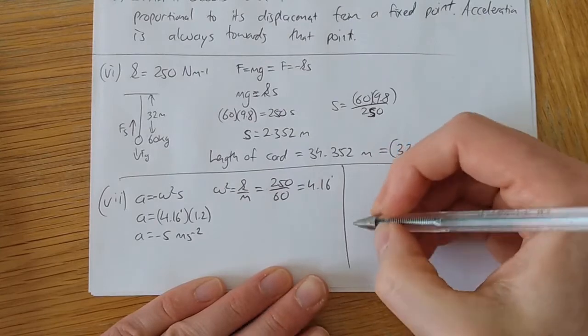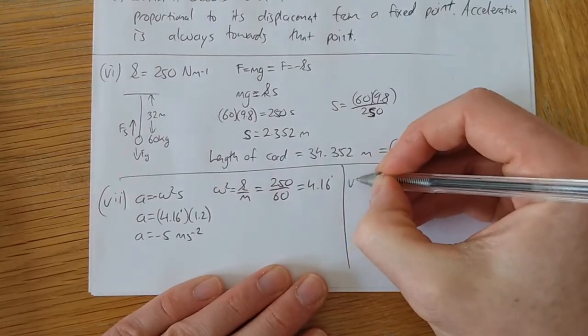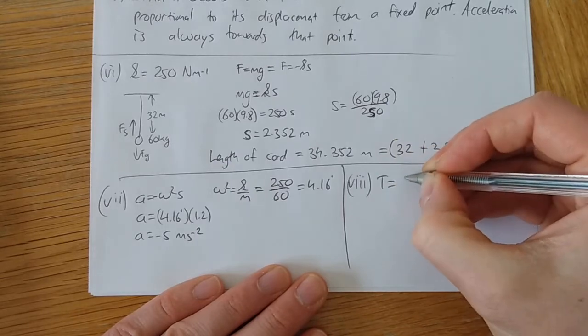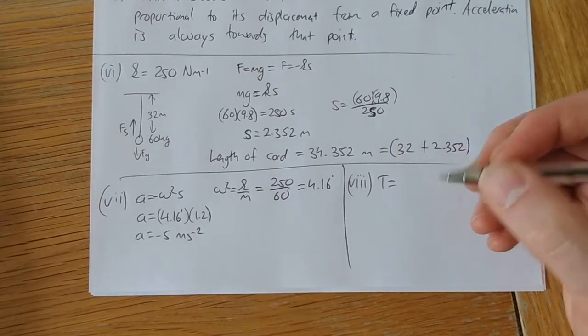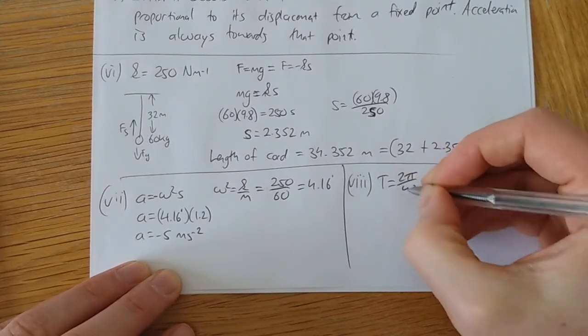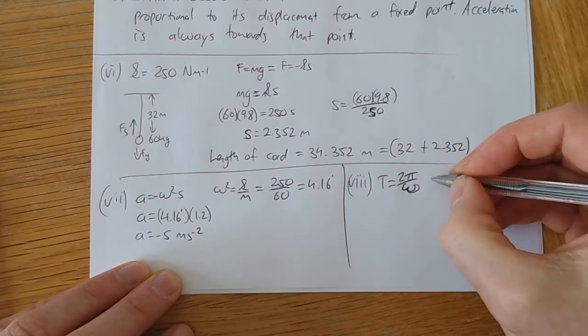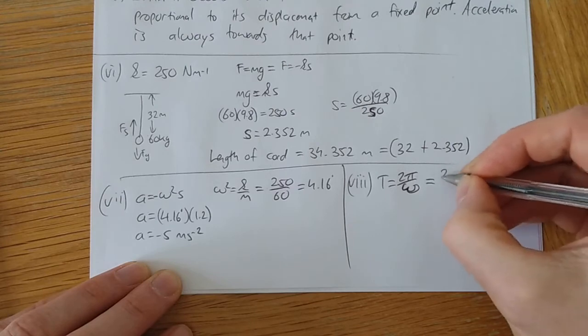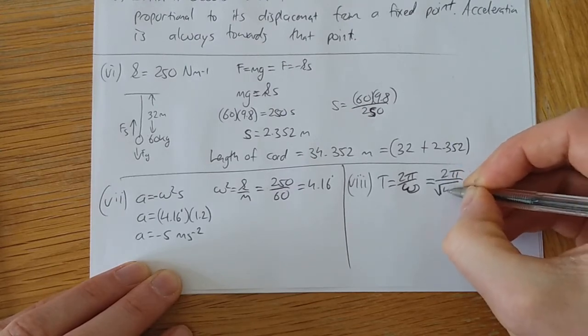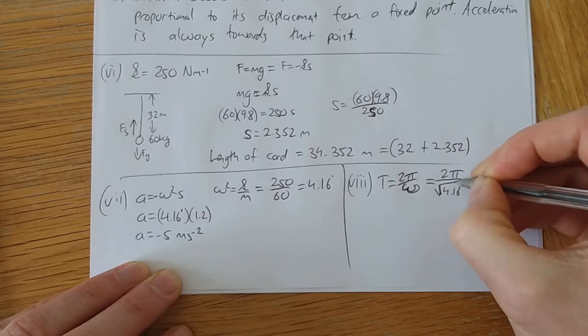All right, and then the period of oscillation. T is equal to 2 pi over omega. I have omega squared, so I'm just going to do 2 pi over the square root of 4.16 recurring.